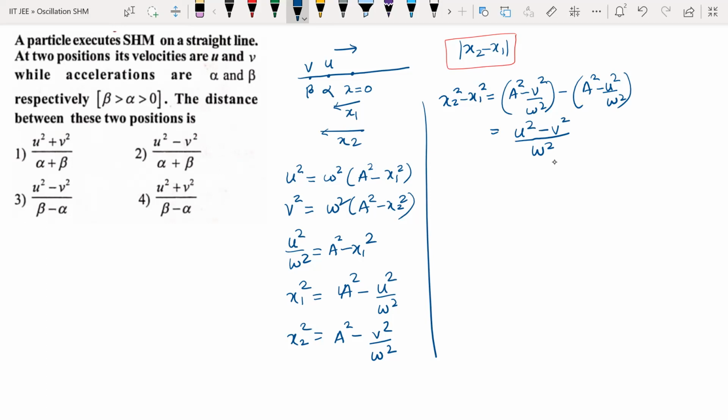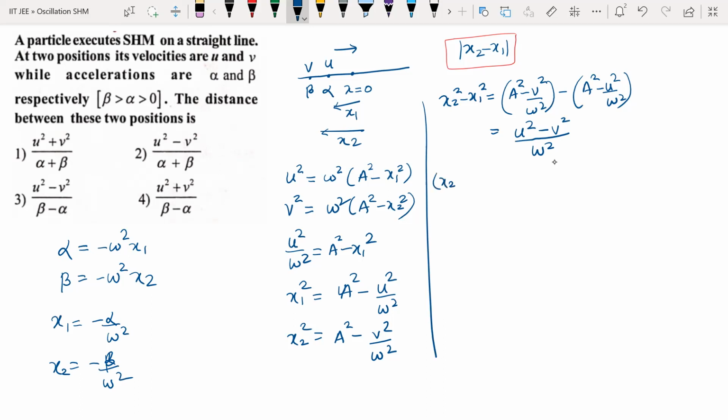We know that acceleration is proportional to displacement, so we can write alpha is equal to minus omega square x1, whereas beta is equal to minus omega square x2. From here we can calculate the value of x1 as minus alpha upon omega square and x2 as minus beta upon omega square. Now we can simplify x2 square minus x1 square a bit.